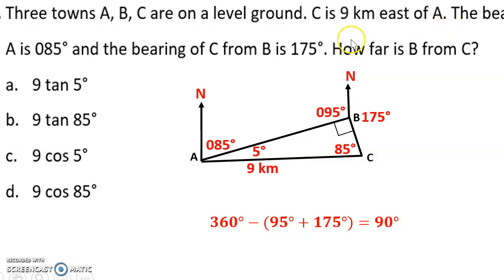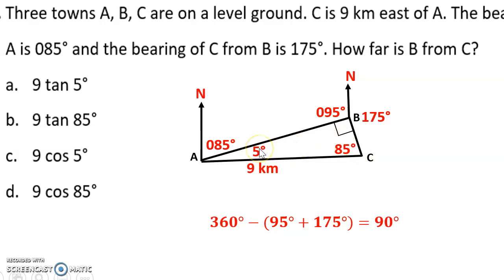They ask us how far is B from C. So we need to find the length right here. So let's put in what we know. To find the length here, we need to determine which angle we're going to use.